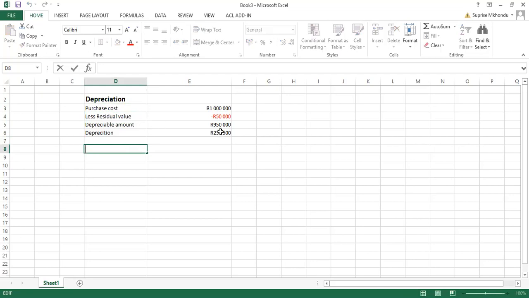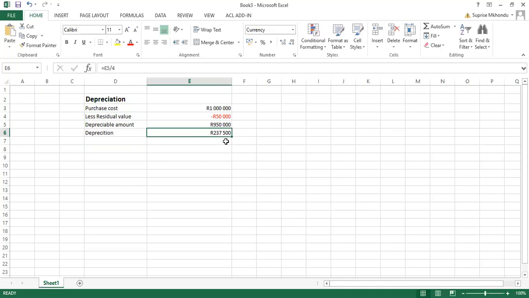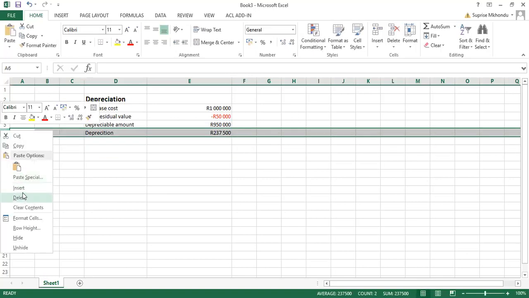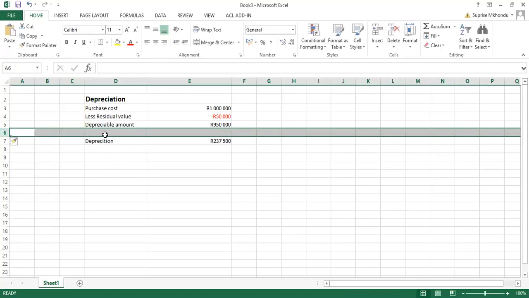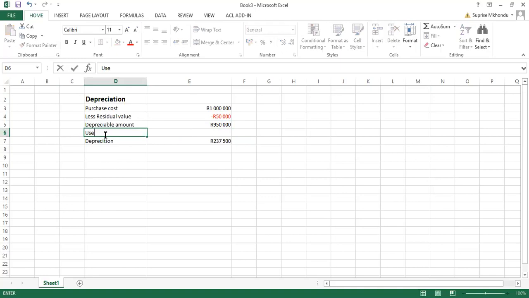So we have a depreciation of 237,500. Guys, please help me. How was that 237,500 calculated? Remember, useful life is 4 years.